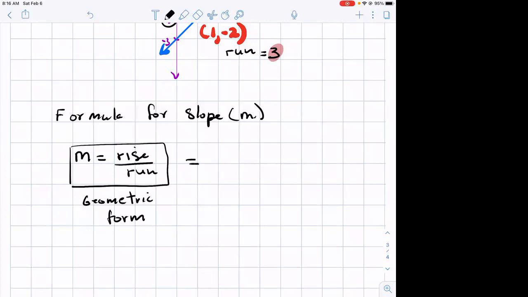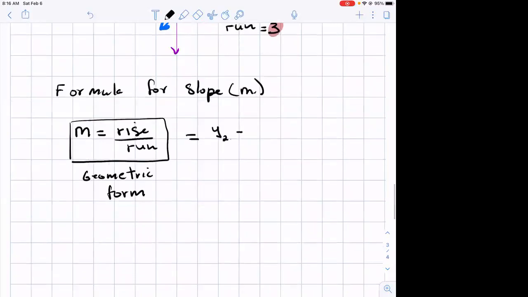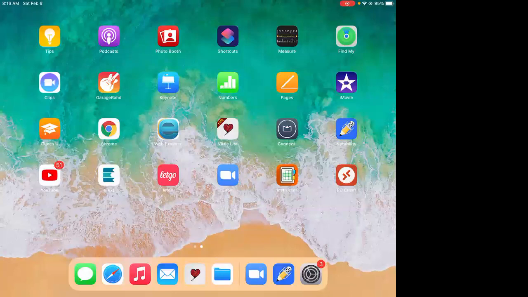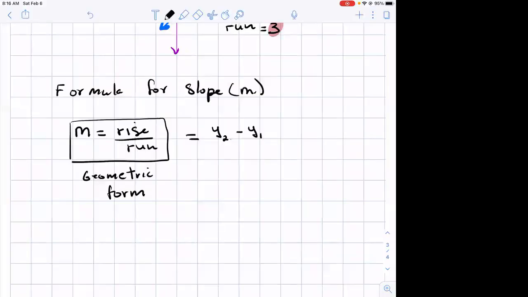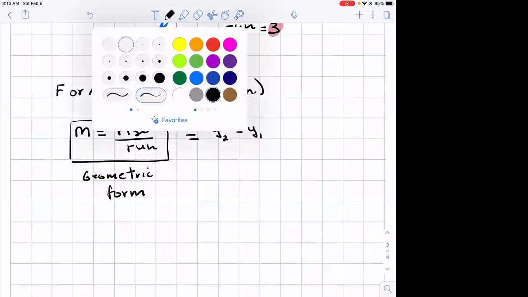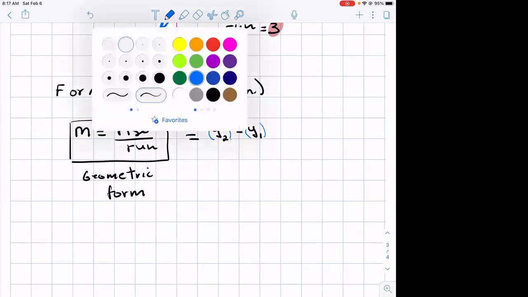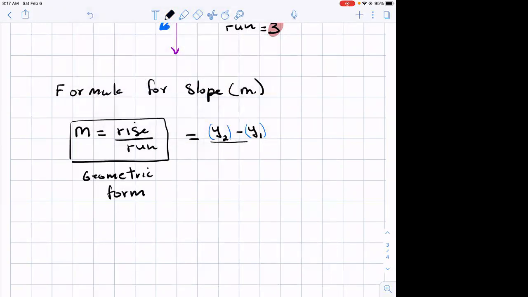But this, the rise, is the change in the y value. So y2 minus y1, and I would strongly recommend that you keep these things here in parentheses. Generally, you don't see the parentheses in textbooks and so on, but I'll show you why later on. x2 minus x1.